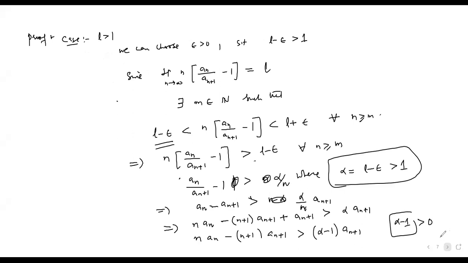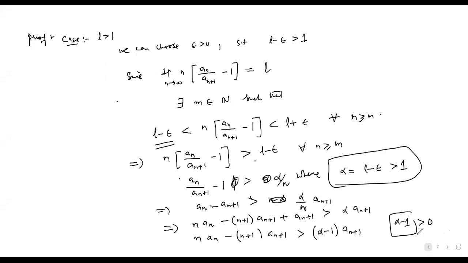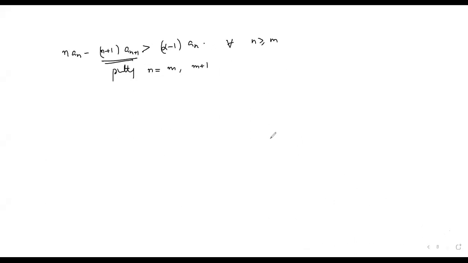Right. Now this is true for all n greater than or equal to m. So I put the values n equal to m. Yes, it's fine. On the right hand side n plus 1, on the right hand side also n plus 1.